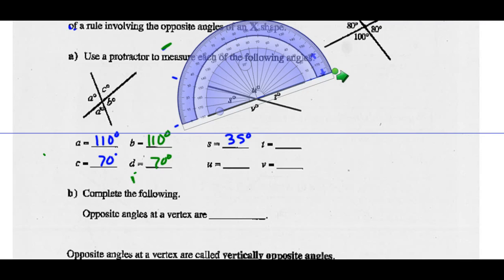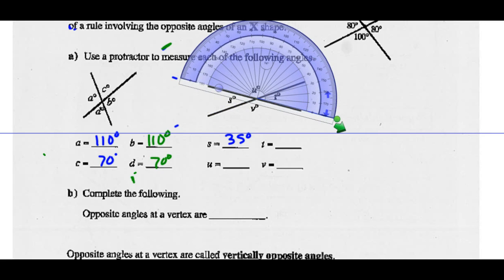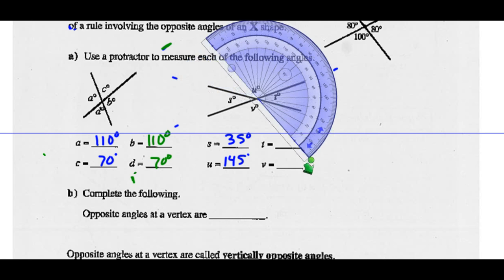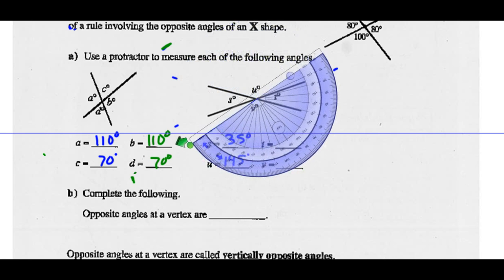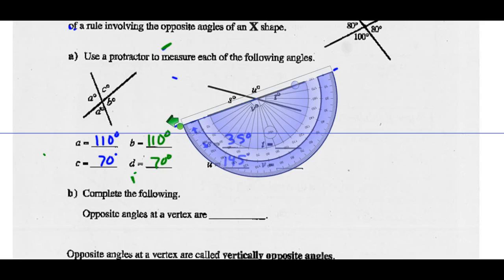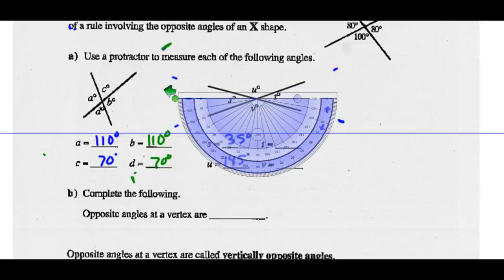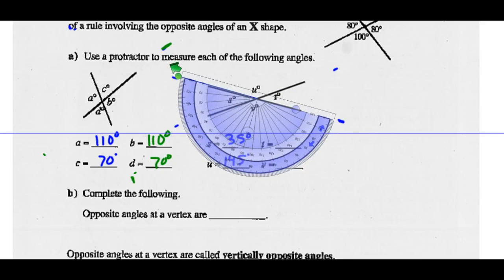And I will get U, looks to be from 0 to there is 145. And I keep going, and let's figure out what angle T is. Angle T seems to be from there to about here. So again, that's 35. And U seems to be from here to about there. So that looks like 145.